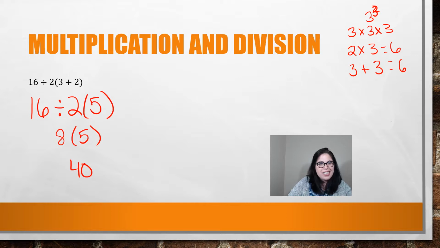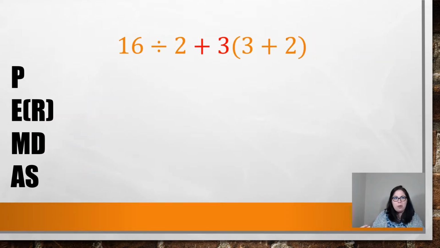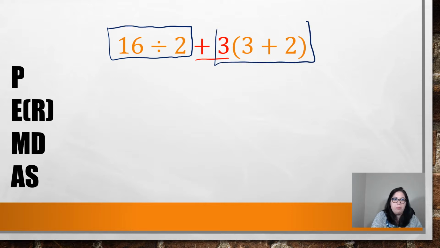All right, so let's change this up just slightly, okay? Now, let's make it 2 terms. So what I changed in the problem, I put in red, okay? So let me change my color on my pen. All right, so now we have 2 terms. We have this term and we have this term, okay?